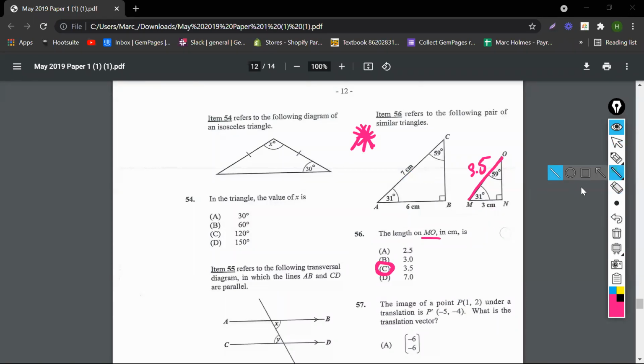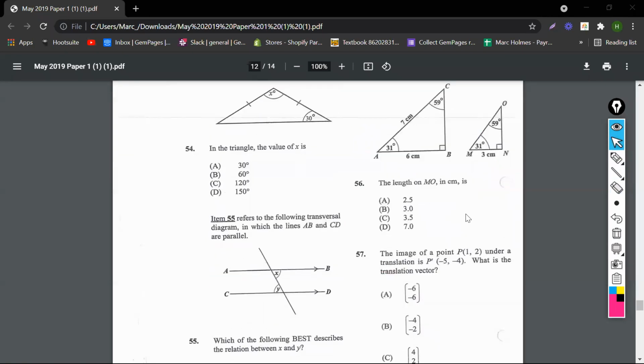The triangles are pretty much very similar. They have the same degrees, 59, 31, 90, but they follow the same pattern. If here is 6 and here is 3, then that would mean if here is 7, here is 3.5. You know, it's kind of easy to see. So as I said, this is a box lunch or a patty. Let's call it a patty.